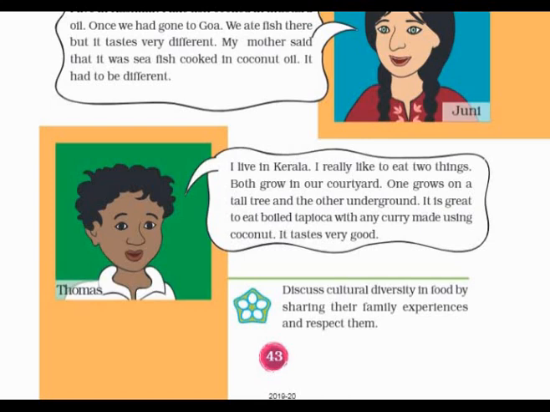It tastes very good. Here Thomas belongs to Kerala and he likes to eat tapioca and coconut. Both these things are grown in his courtyard because Kerala is also a coastal area and there we can find greenery in a large amount.